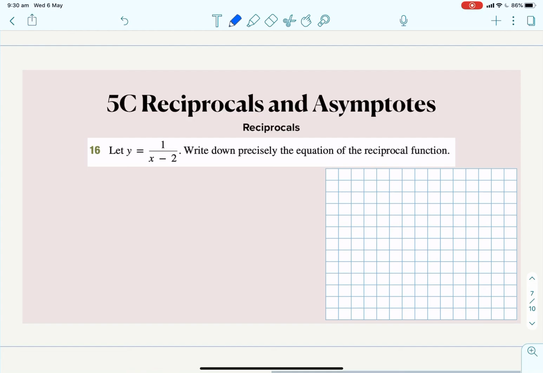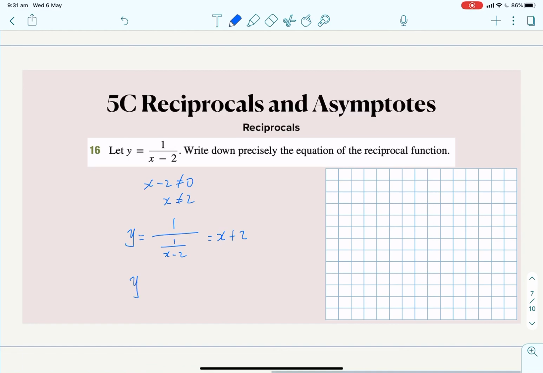For the original, we know that the denominator is not equal to 0, so x not equal to 2. Now the reciprocal will be y equals 1 over x minus 2. Yeah, it would be x plus 2.